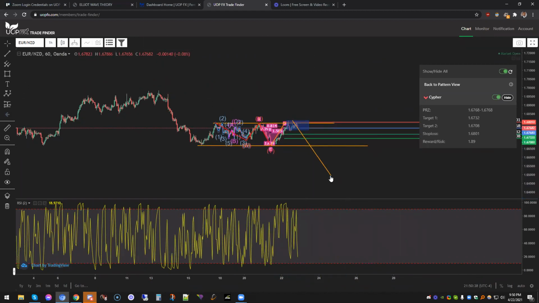Okay, so you can expect maybe you get all the way down here, but it's not going to reach that level in one day. In most cases, it won't. It may take a while before it gets there. So at least that can give you a pretty good idea of where you can expect that move to be going. And you can take your time as an intraday trader and just look for setups in that direction. Okay.